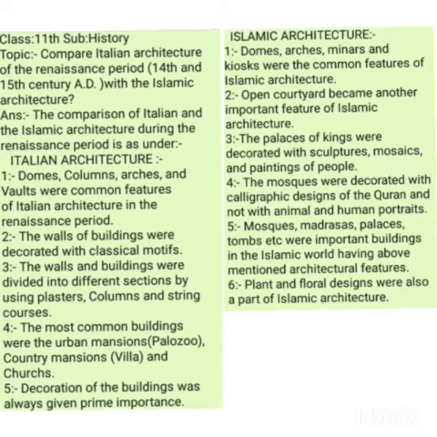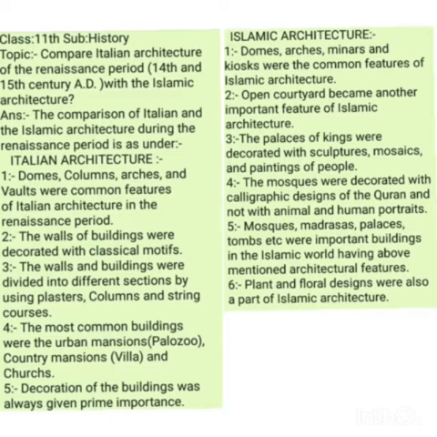Number four, the most common building types constructed in the Italian architecture were the urban mansions known as palazzo, country mansions known as villa, and churches. So the huge buildings made in the countryside, in the villages, in the rural areas, were known as villas, and churches.